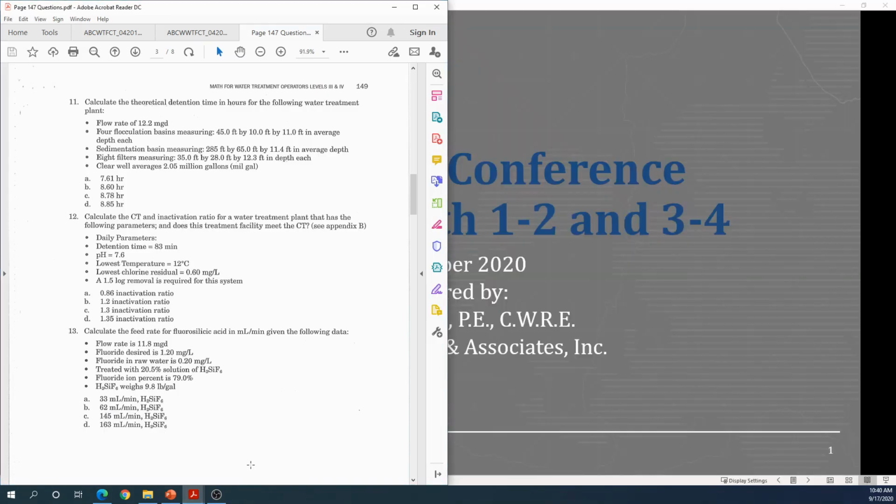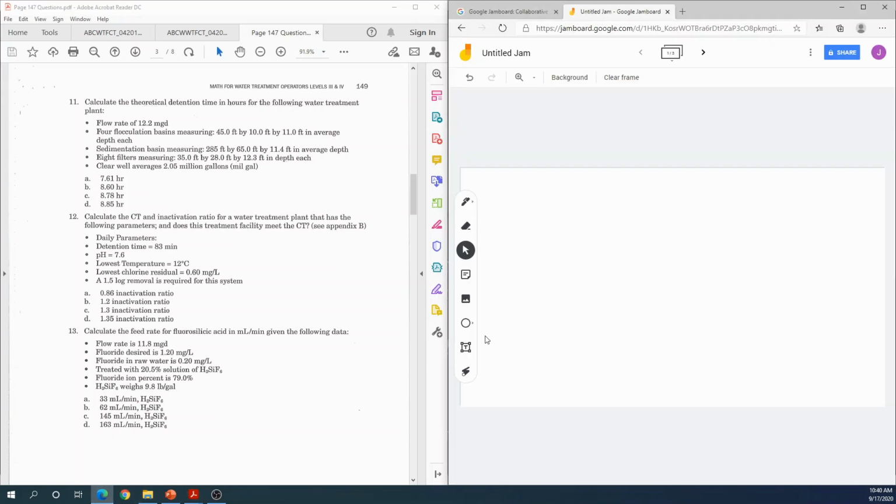We're going to wrap out this last hour working through a handful of practice problems. So first one is number 11. Calculate the theoretical detention time in hours for the following water treatment plant. Our flow rate is 12.2 million gallons per day. We have 4 flocculation basins measuring 45 feet by 10 feet by 11 feet.